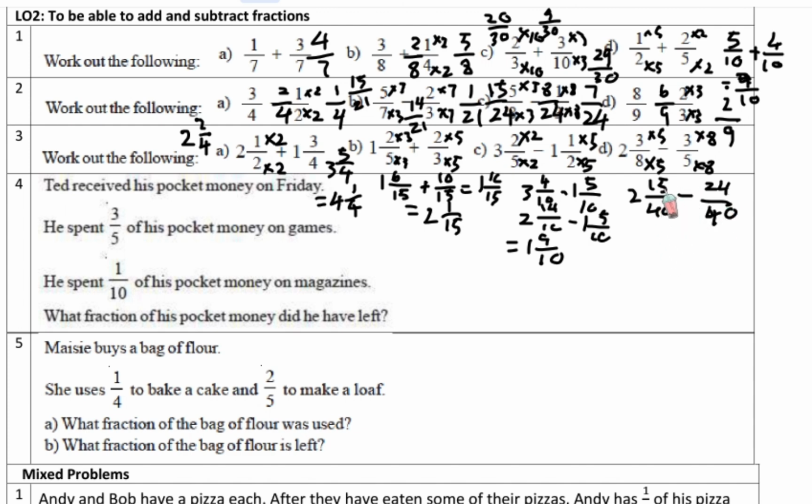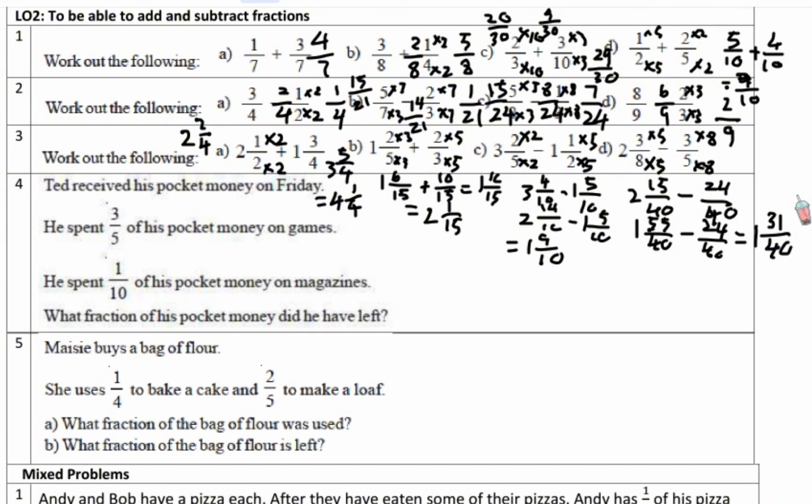And since 15 cannot be subtracted by 24, we will just take one from the mixed number, which is 1 and 55 over 40 minus 24 over 40. And our final answer should be 1 and 31 over 40. And that will be our final answer.